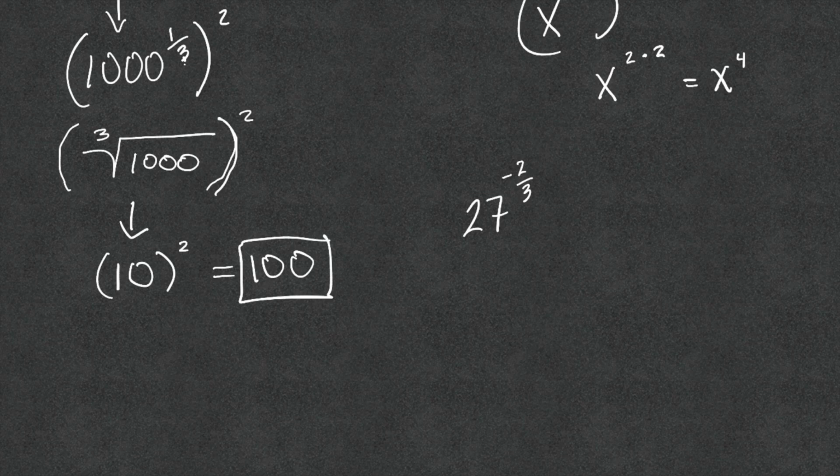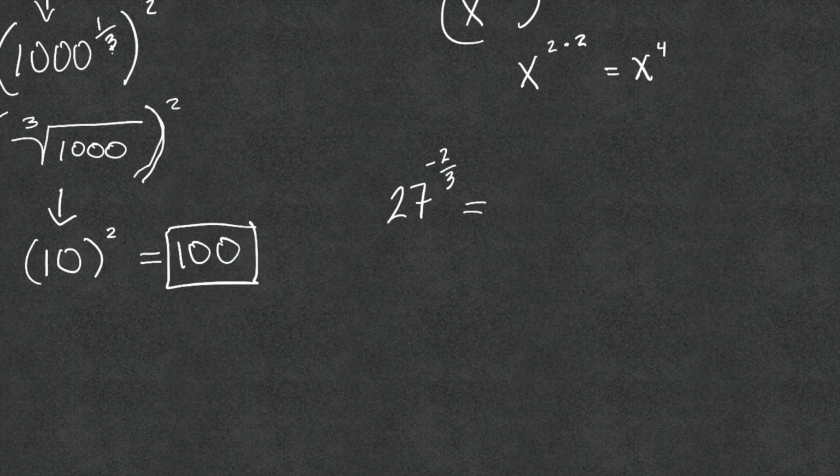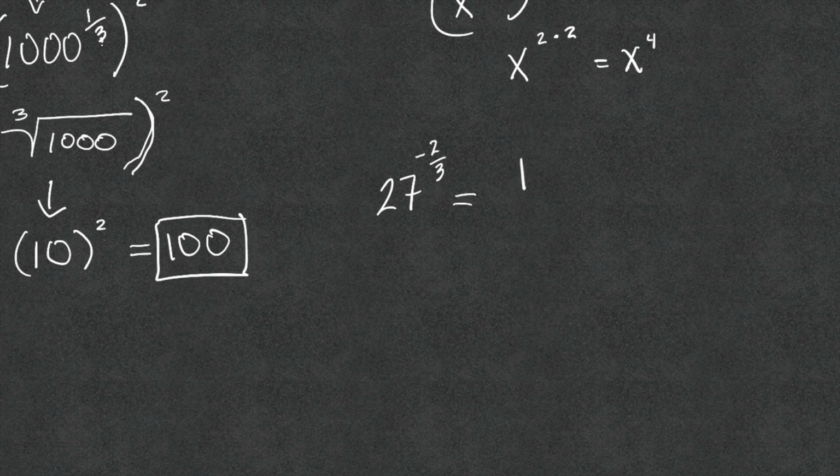So dealing with that negative first is a great place to start. That means that 27 needs to be placed into the denominator of a fraction in order for it to not be negative. We have the 2/3.